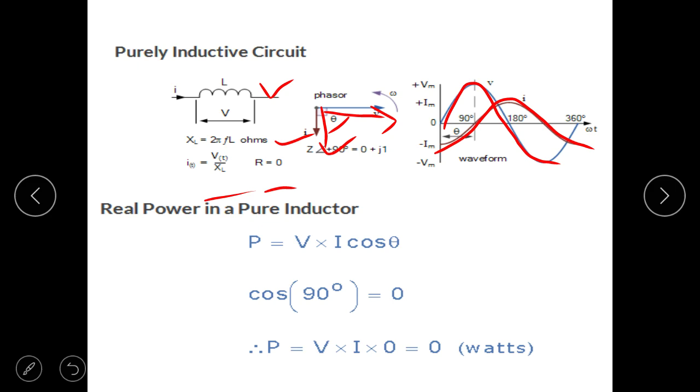So real power in an inductor is P is equal to VI cos theta, and theta is equal to 90 degrees. So cos 90 is equal to 0. So power P is equal to V into I into 0, that is equal to 0 watt. It means an inductor does not dissipate or consume power.